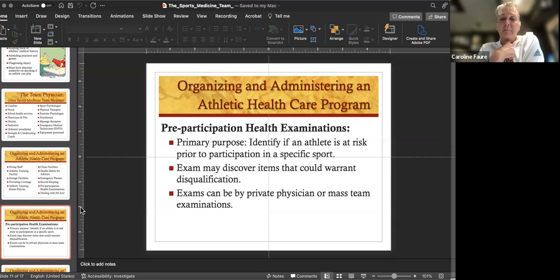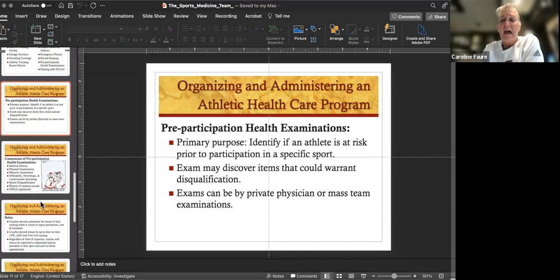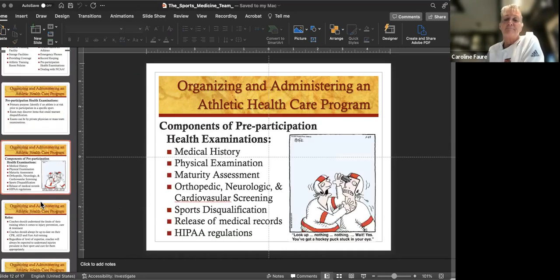So again, it's not saying how healthy we are. It's not saying, hey, they're great, they're in the 99th percentile. That's not what these tests do. They just look at basic screening to determine whether or not an athlete is healthy enough to play the sport. They can be disqualified or recommended to be disqualified from certain sports while being okay for other sports too. So it just depends on the condition.